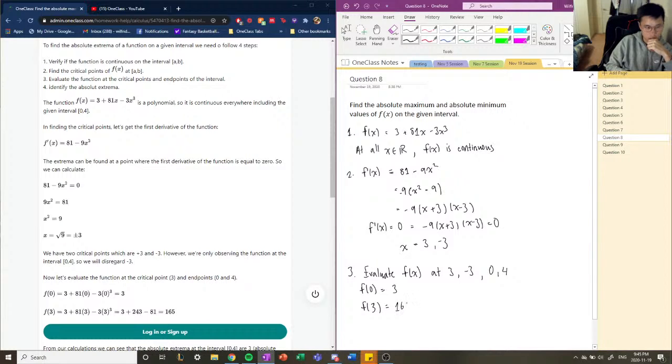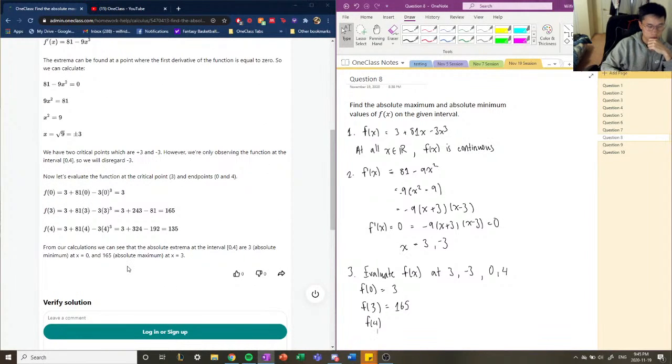And we're also going to evaluate f of 4, which is equal to 135. Okay? So we're just going to plug in those values. The reason why we did not evaluate negative 3, even though it is a critical point of this function, is because it is not in the interval of 0 and 4. So we don't need to calculate it, okay?